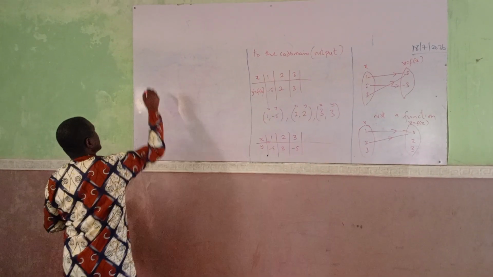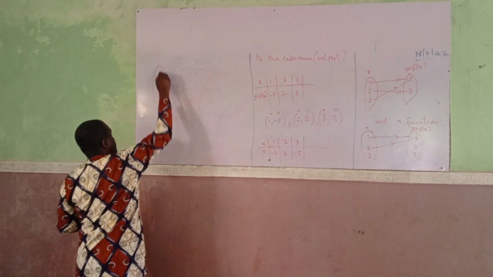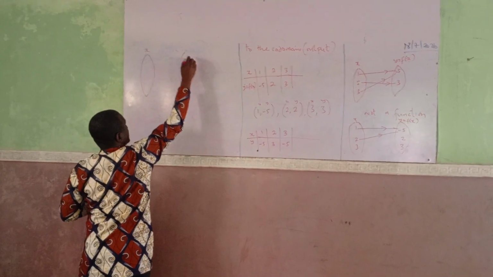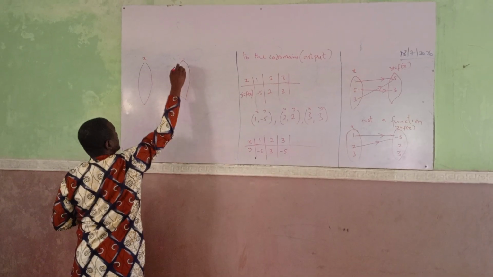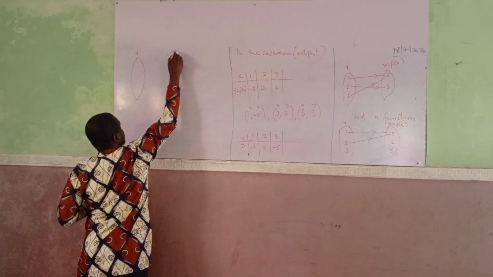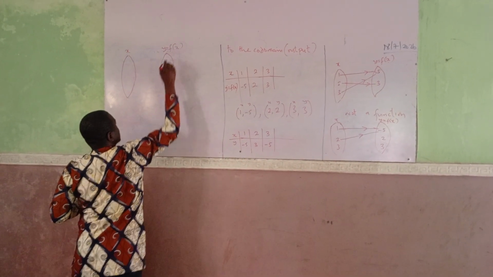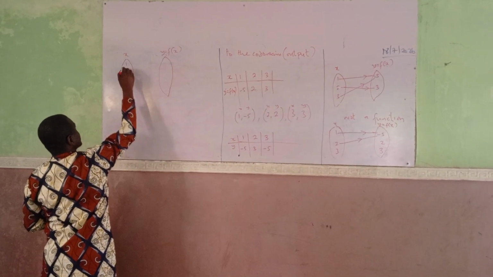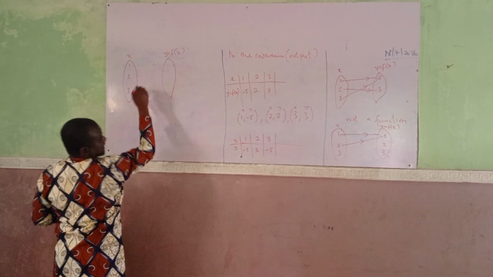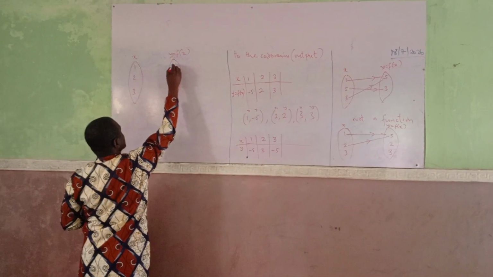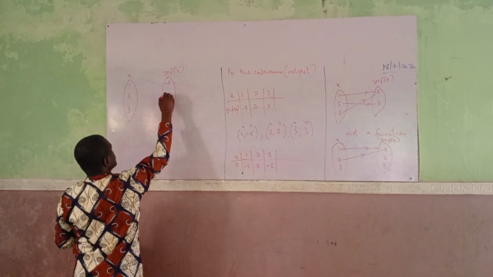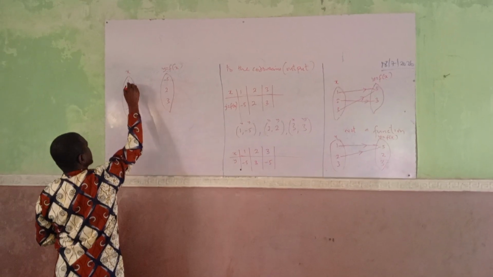If you have an illustration like this, x is my domain, and you also have y or f of x. So let's say we have 1, 2, 3, and we have minus 5, 2, and 3. We have something like this.